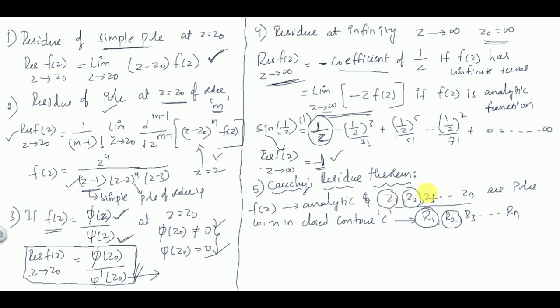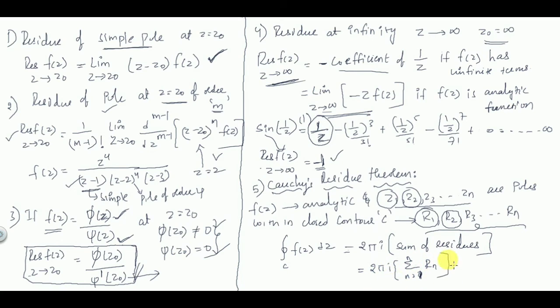Likewise, if you have n poles like this and you have calculated n residues like this, then according to Cauchy's residue theorem, if you want to evaluate the integral over C of f of z dz, it is given by 2 pi i into the sum of residues, that is 2 pi i into summation n equal to 1 to n of Rn.